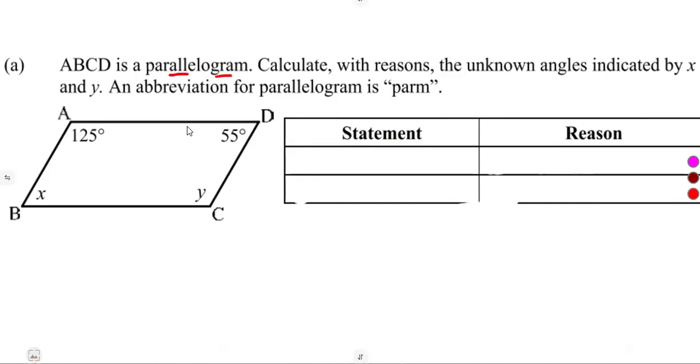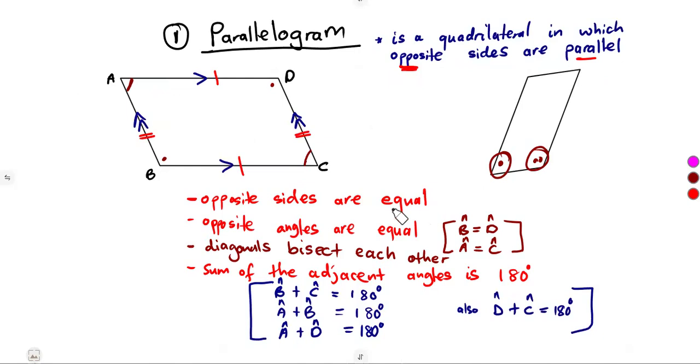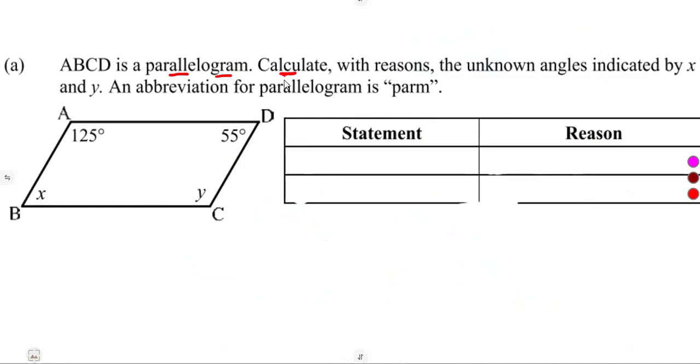Guys, once they tell you that this shape is a parallelogram, you must, in your head, know all the properties. The moment you're told, these properties must ring in your head. Once you know this, you're done. So let's see what they are saying. Calculate with reasons the unknown angles indicated by X and Y.